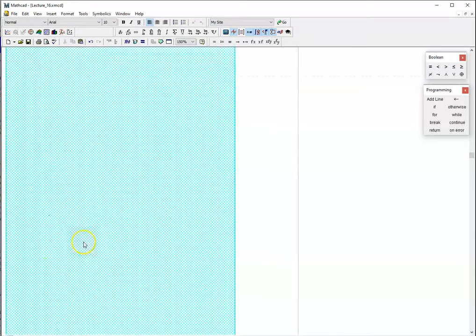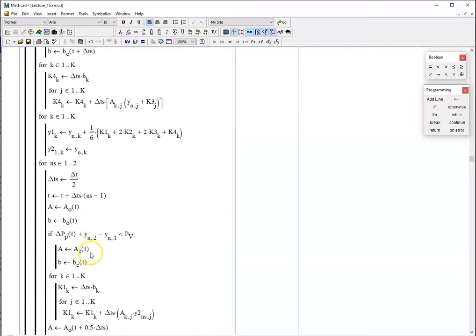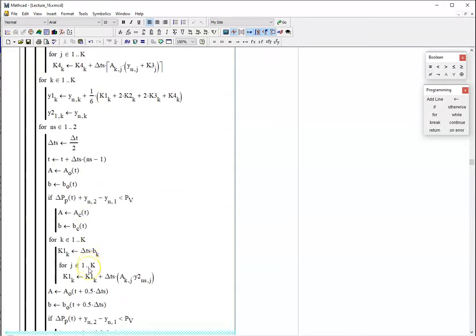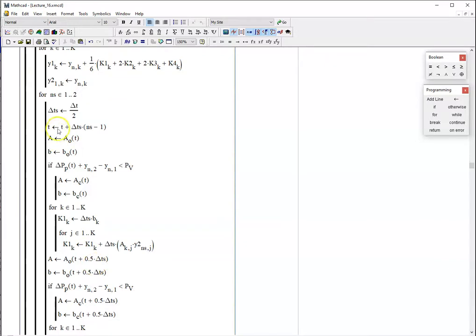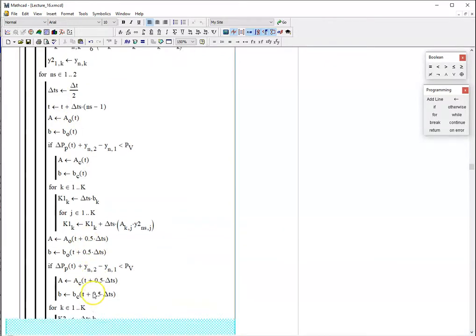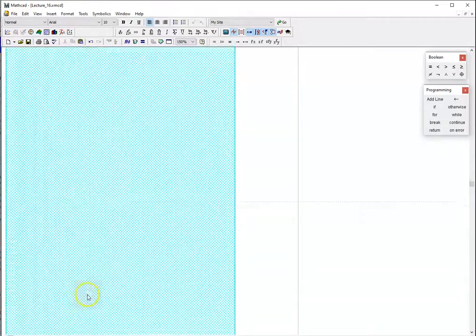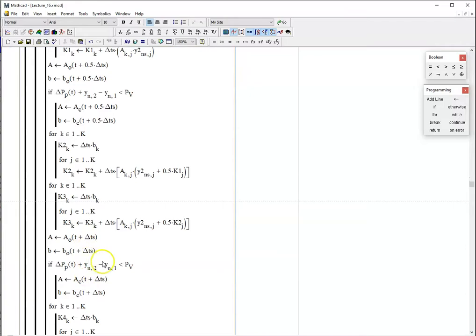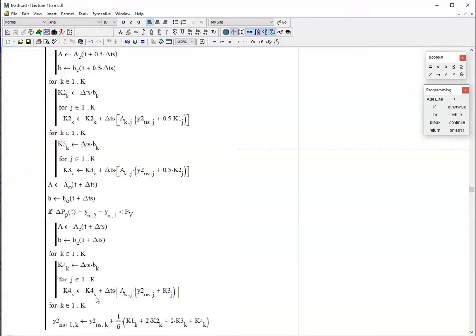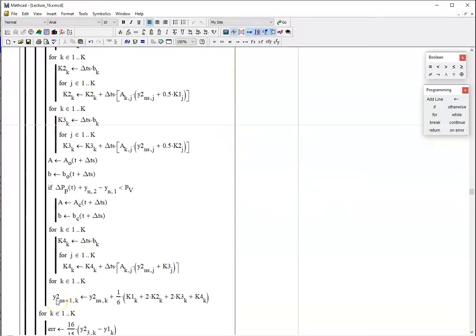Okay, so I ask the question whether the valve is open or closed, calculate K1, then I go half of that time step and ask whether the valve is open or closed, calculate K2, calculate K3, then I ask after one half time step if the valve is open or closed, then calculate K4, then I am going to calculate Y2, which is the solution after one half time step.